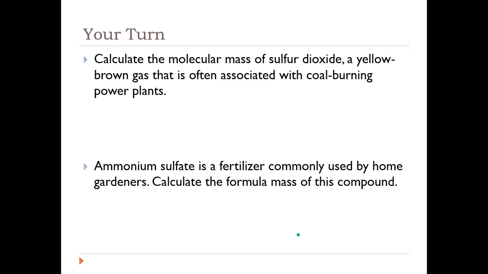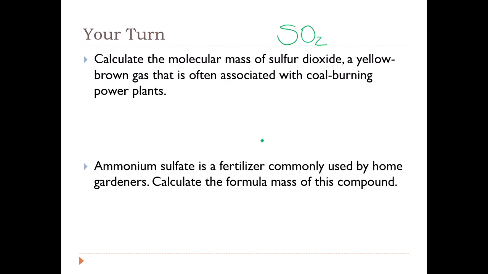And then ammonium sulfate is a fertilizer commonly used by home gardeners. Calculate the formula mass of this compound. So pause the video, work through it, come up with the formula, calculate the formula mass, and then come back just to make sure that you arrived at the correct answer. Okay, so the formula for sulfur dioxide is SO2.